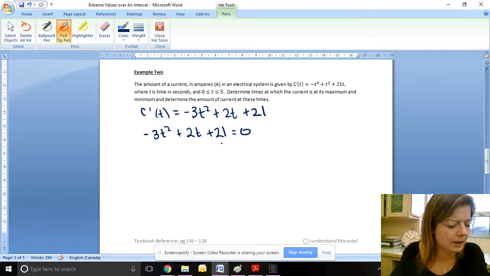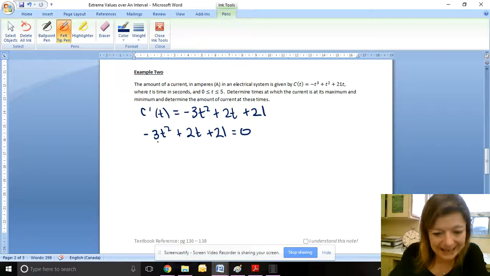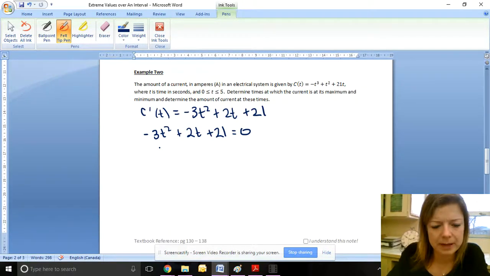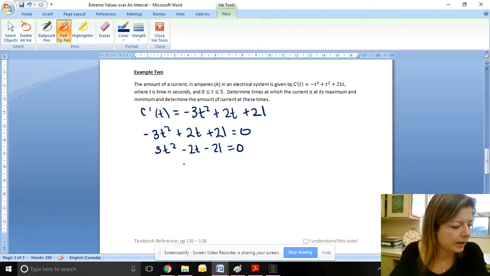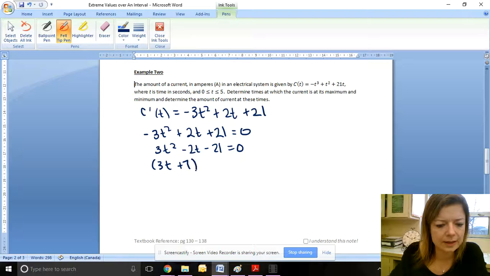Now we can take out the negative number so that it's easier to factor. 3t squared minus 2t minus 21 equals 0. Now you can factor that. You can do your factoring techniques, and you get (3t plus 7)(t minus 3).